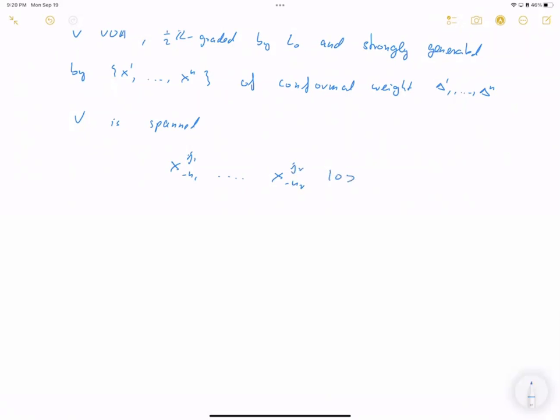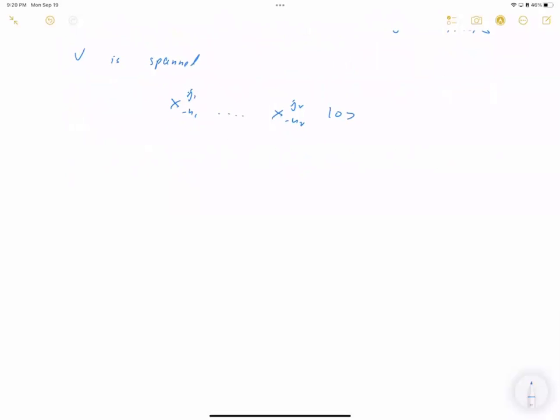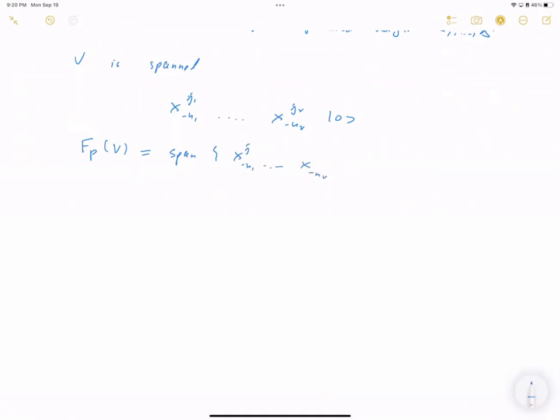Acting on the vacuum. And now one defines subspaces Fp of V to be the subspace spanned by words that are not too long, meaning here that the conformal weight of the fields adds up to at most p.